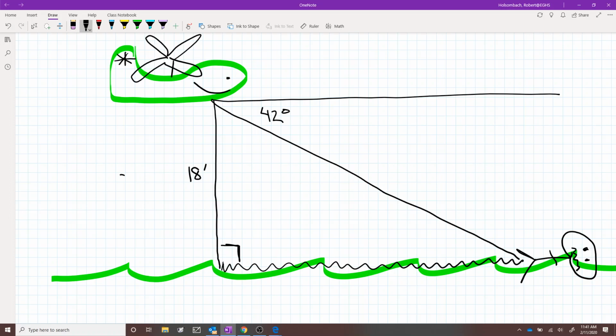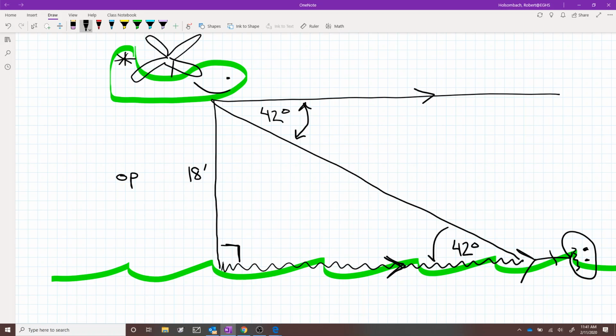We're dealing with an opposite. No, we're not. Not yet. See this 42-degree angle of depression right here? It's formed by this horizontal line. Well, this is a horizontal line as well. So those two lines are parallel, which makes this diagonal a transversal, which makes this angle 42 degrees.